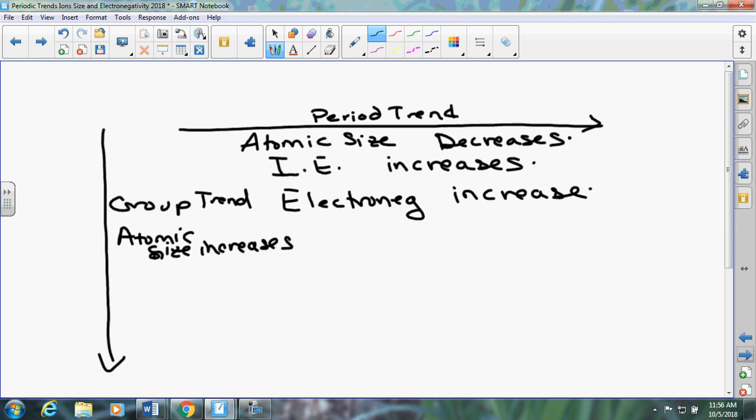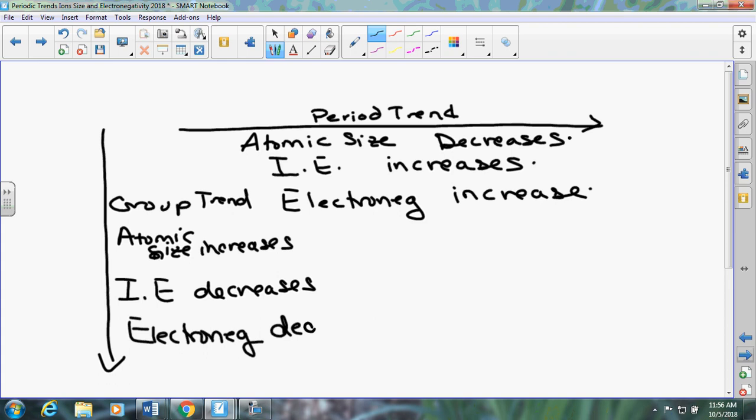We know that means the electronegativity value decreases. All of these, remember, are due to shielding more than anything else. And all of this is due to nuclear charge more than anything else.